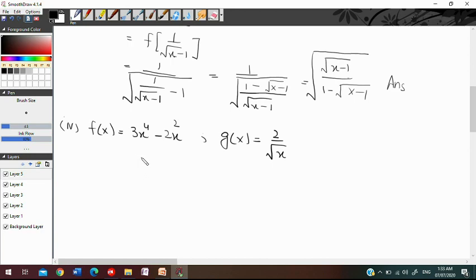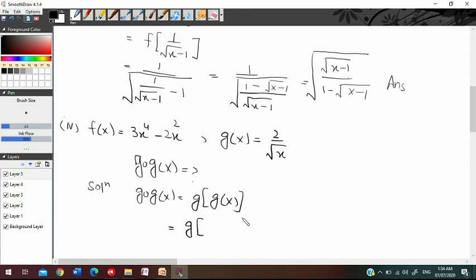For this part, I would like to solve g naught g of x. Solution: g naught g of x is equal to g of x, and g of x is equal to 2 divided by under root x.